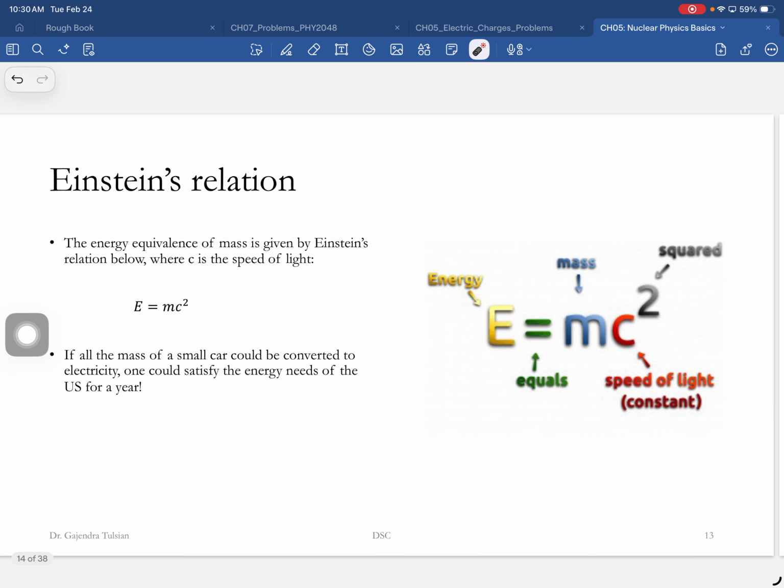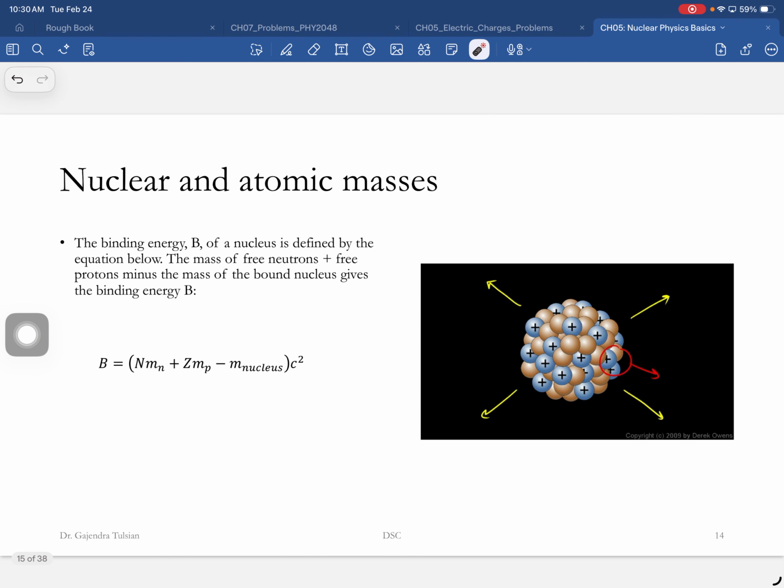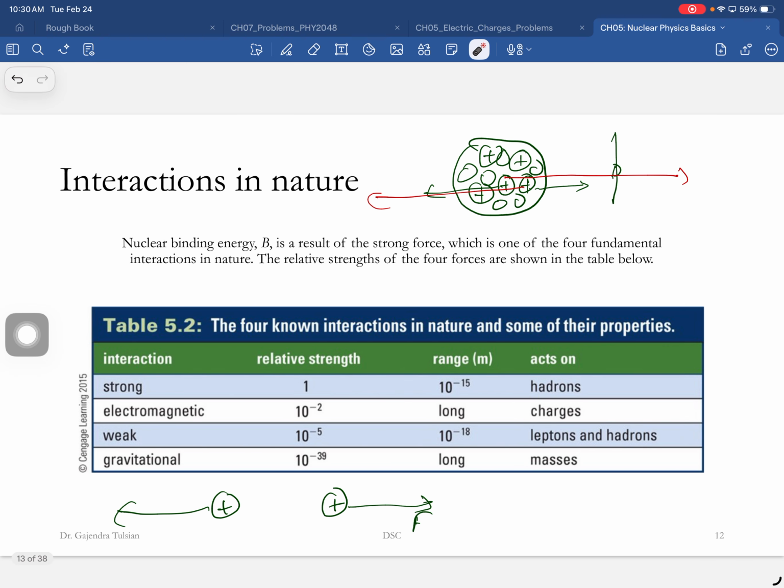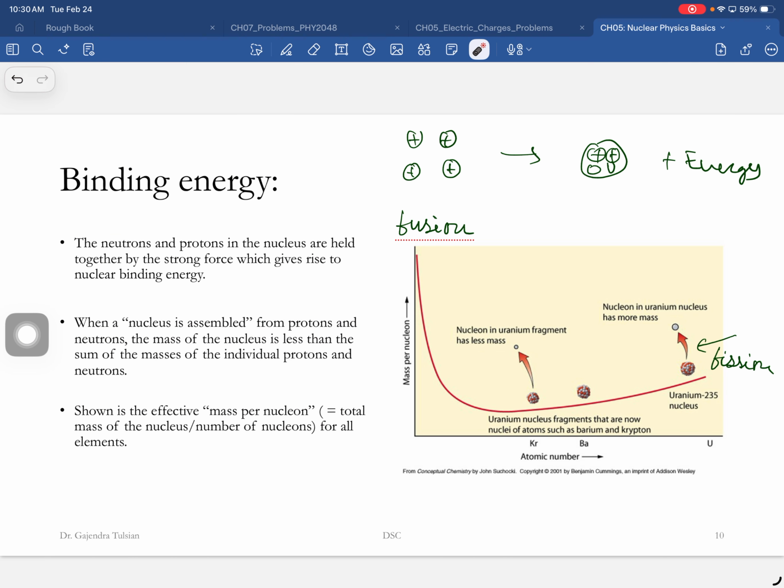If a nucleus is unstable, it can decay one of three ways. That's radioactivity. If a nucleus is unstable, it decays. Why does a nucleus decay? It's unstable, so it wants to become something that's stable.